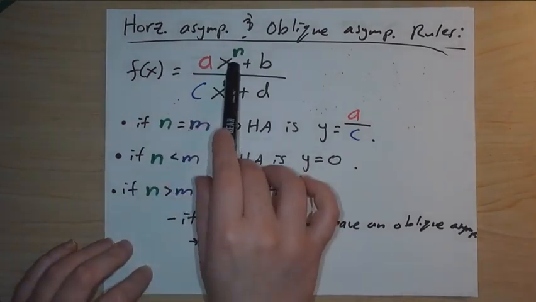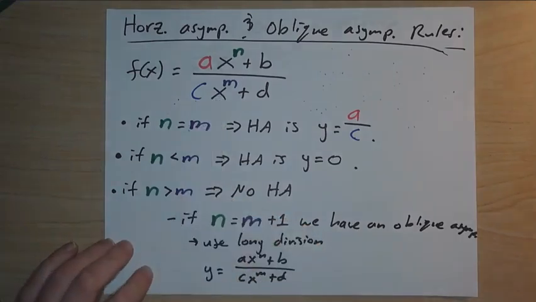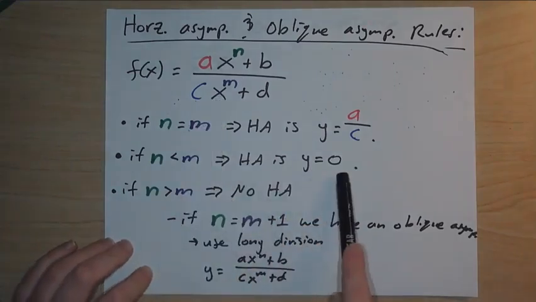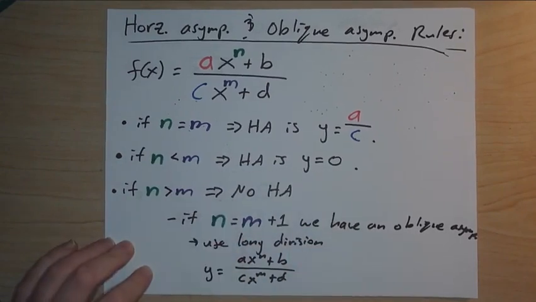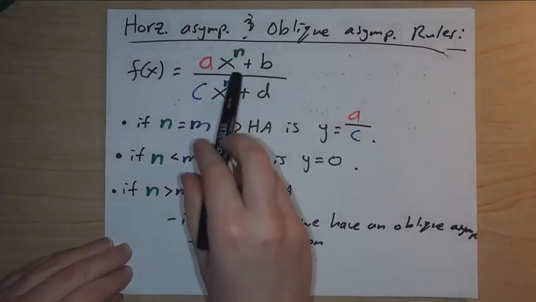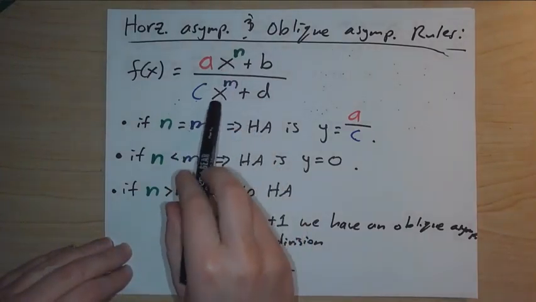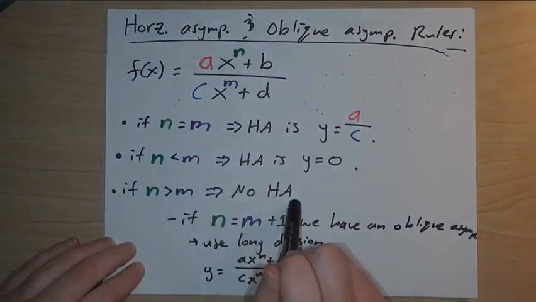If the degree of the numerator is smaller than the degree of the denominator, then the horizontal asymptote is y equals 0. So any time it's smaller, the horizontal asymptote is y equals 0. If n is greater than m, so if the degree of the numerator is greater than the degree of the denominator, there's no horizontal asymptote.